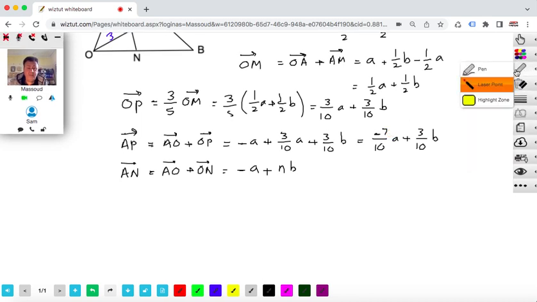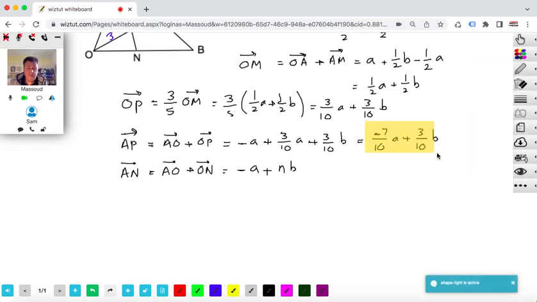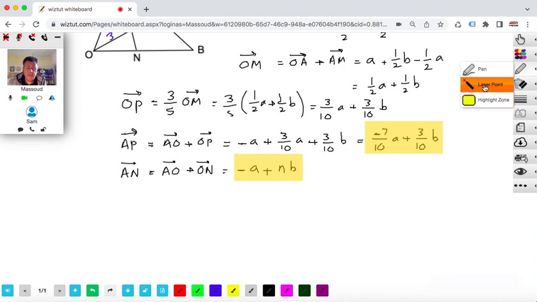We know that these two are on a straight line, which means they are parallel as well. To show they're parallel, they have to be in the same ratio, so the A part has to be in the same ratio as the B part.